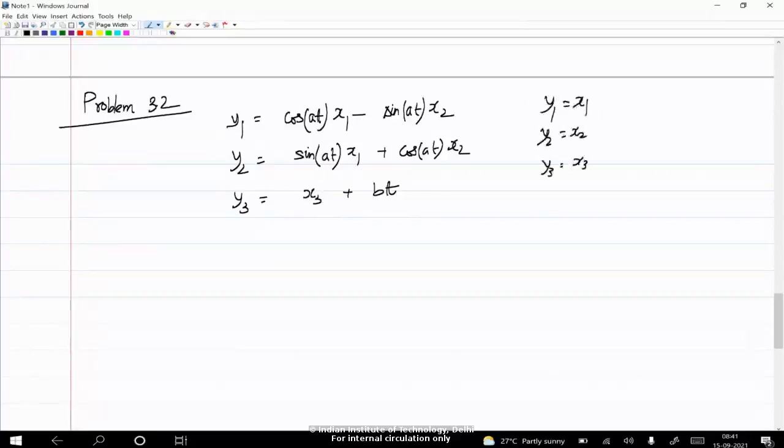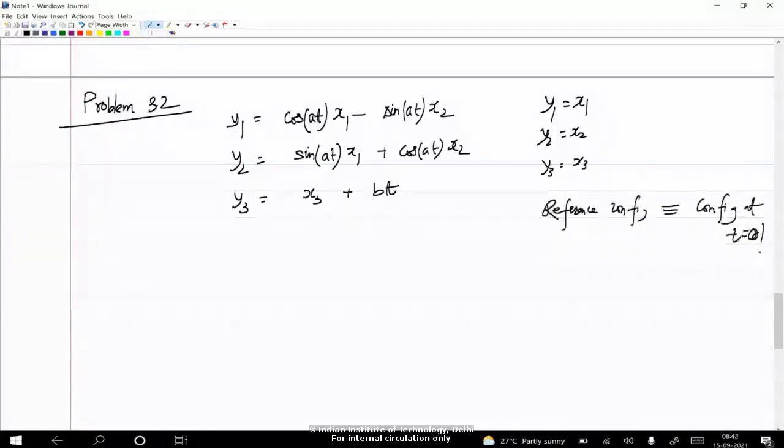That means for this particular case, the reference configuration is also the configuration at t equal to 0. So this is a special case. It need not always be so. Here reference configuration is equal to configuration at t equal to 0.